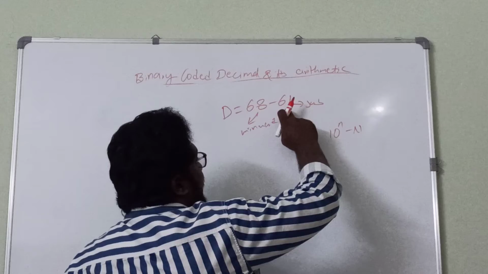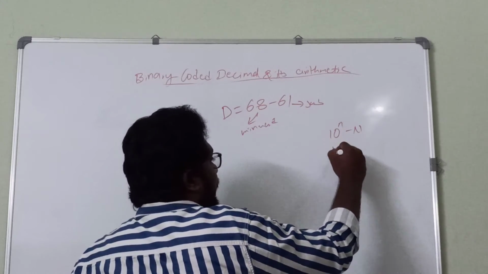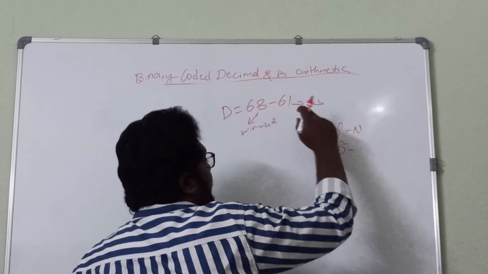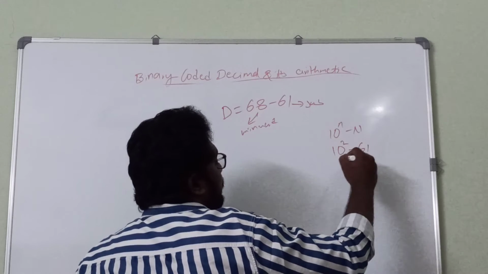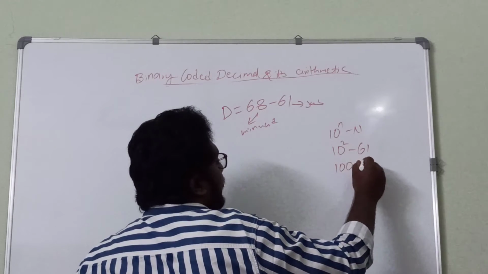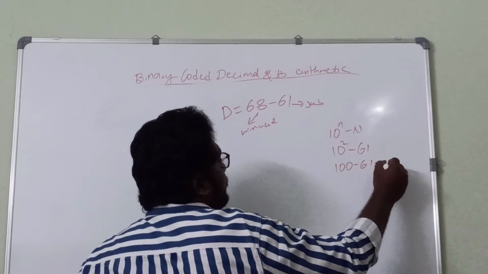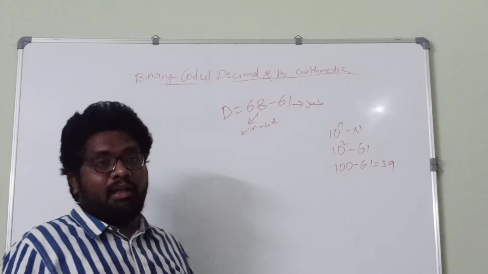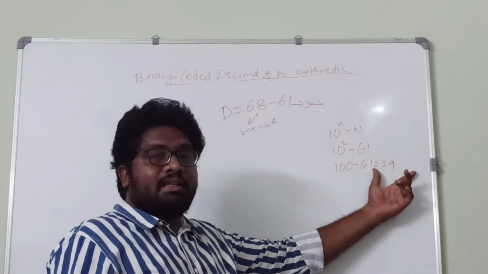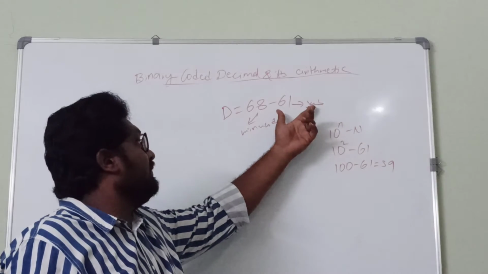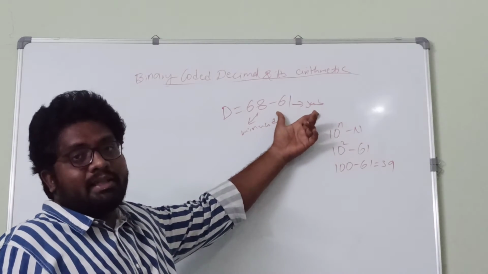So here the subtrahend value consists of 2 digits, that is 10 power 2 minus the subtrahend value N, which is 61. That is 100 minus 61, it becomes 39. So 39 is the tens complement representation for the subtrahend value 61.